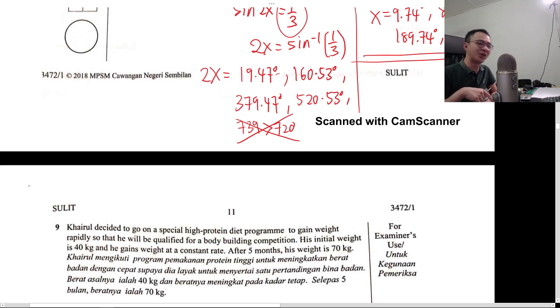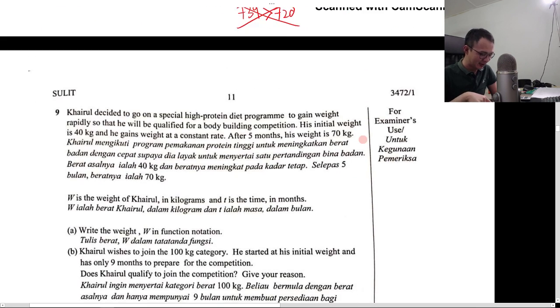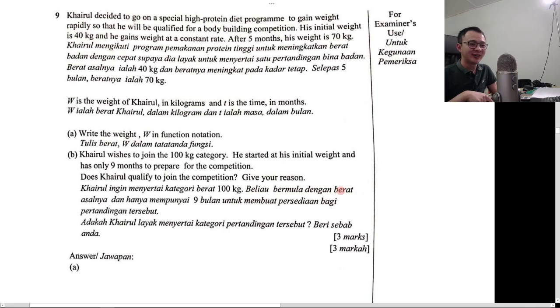I am not sure about the range, but to be more accurate, take more decimals. If you only get 1 or 2 answers, you might lose 1 to 2 marks in this case. Alright, let me move on. But at least if you only get 2 answers, you will get some working marks.